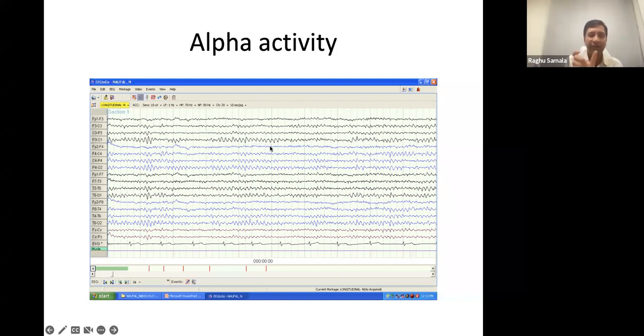So if you have 9 to 11 waves per second, you will call this alpha activity. Alpha is predominantly recorded from the occipital region. If it shows reactivity, it means alertness of the brain. Something which is reactive is alert.